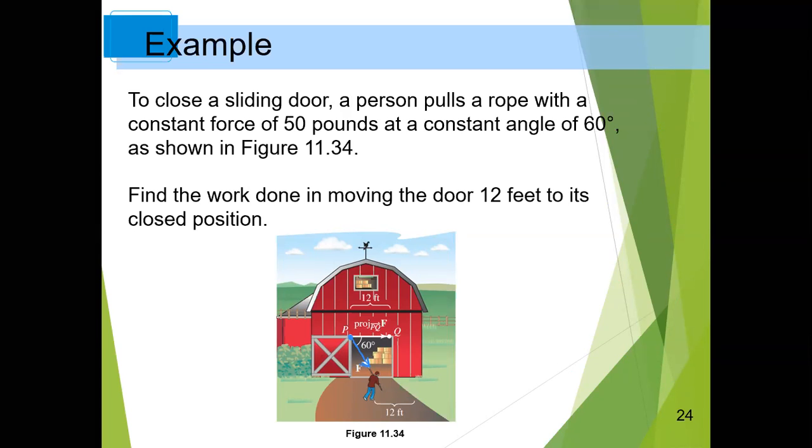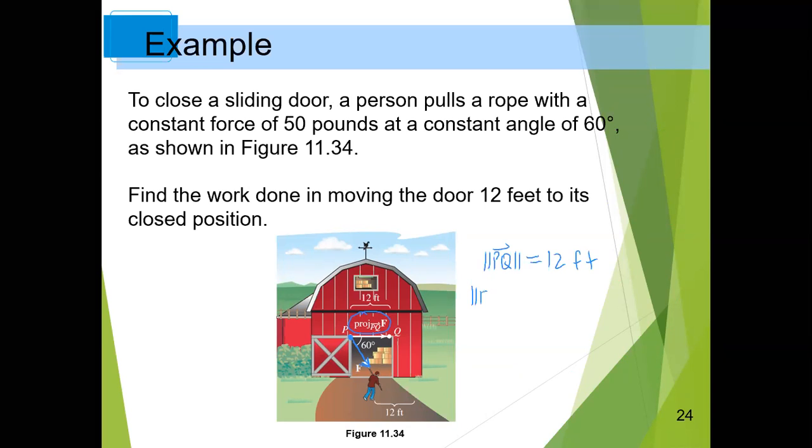Okay, so what's the length of PQ in this case? 12 feet. So we have this force vector right here. The projection vector is up here somewhere, the projection of F on PQ.